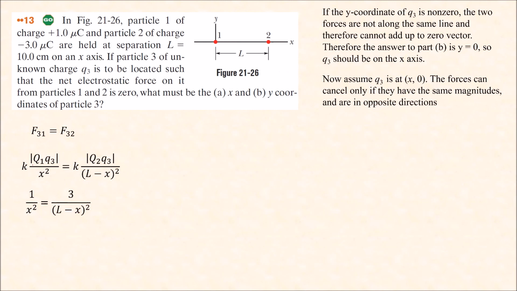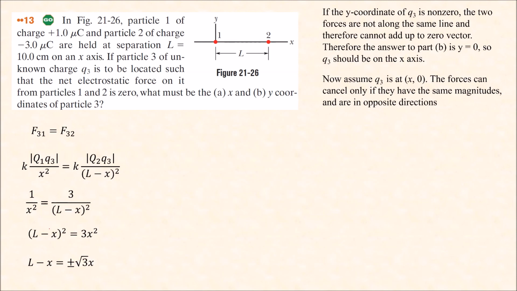On the other side, you have 3 over (L minus x) squared. This is an equation you solve for x, the position of the third particle. Then you can cross multiply and take the square root of both sides, getting L minus x equal to positive and negative square root of 3 times x.